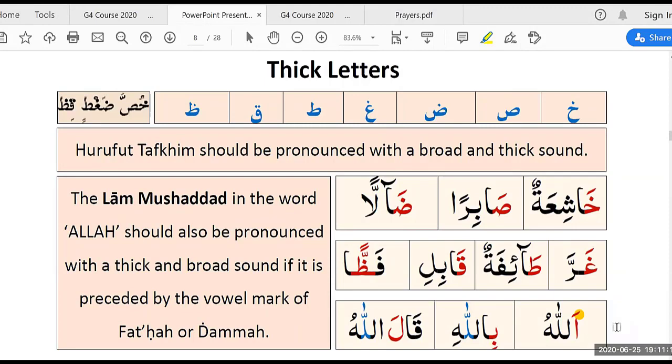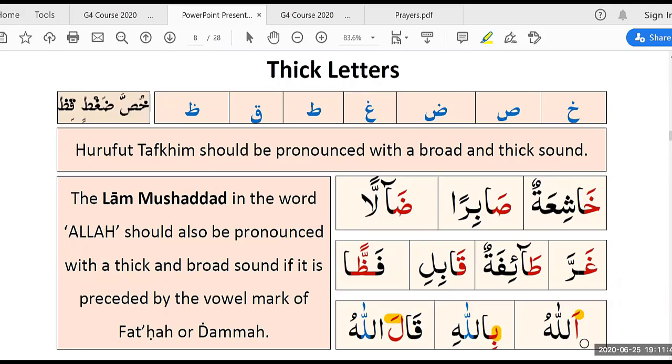Allahu. In this example, the alif is sakin. So we look at the previous mutaharrik letter, which is lam, and it is carrying a fatha. So again, the sound of lam should be broad and thick. Whereas in this middle example, we can see that the previous mutaharrik letter is carrying a kasra. So in this case, the sound of lam is going to be thin.